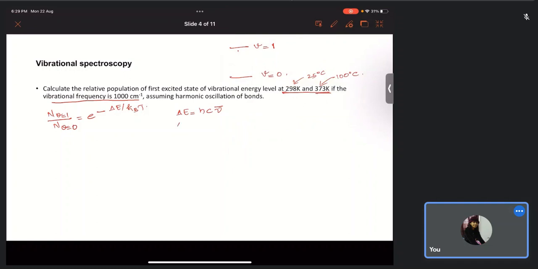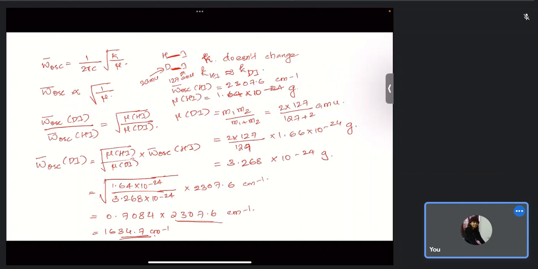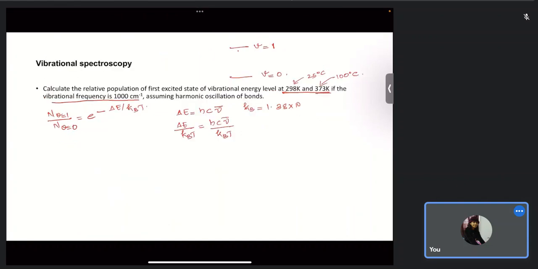So we have to find delta E by kBT, where it is hc nu bar divided by kBT. kB is the Boltzmann constant and it is 1.38 into 10 to the power minus 24 joule Kelvin inverse.